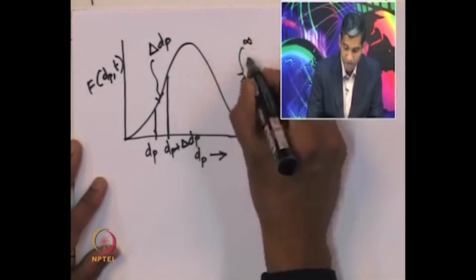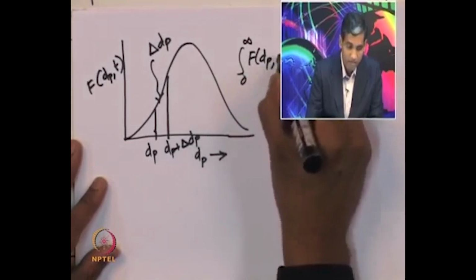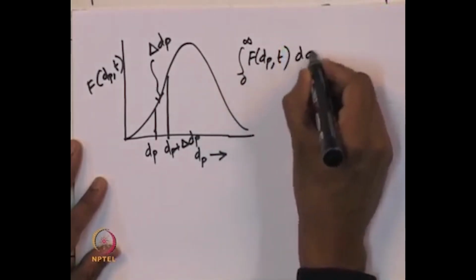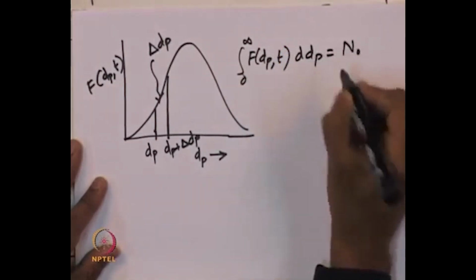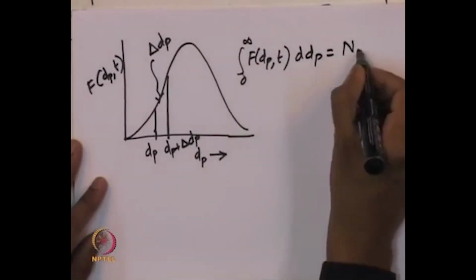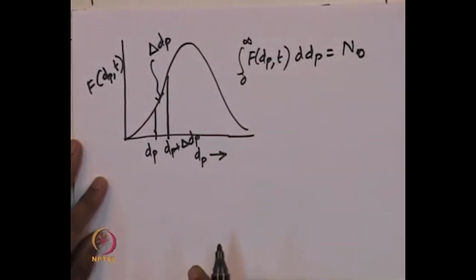of 0 to infinity f of dp comma t into d dp should be equal to n naught. That should be the total number of particles that were initially present, and because no new particles are added, it is only the particles that dissolve and disappear.